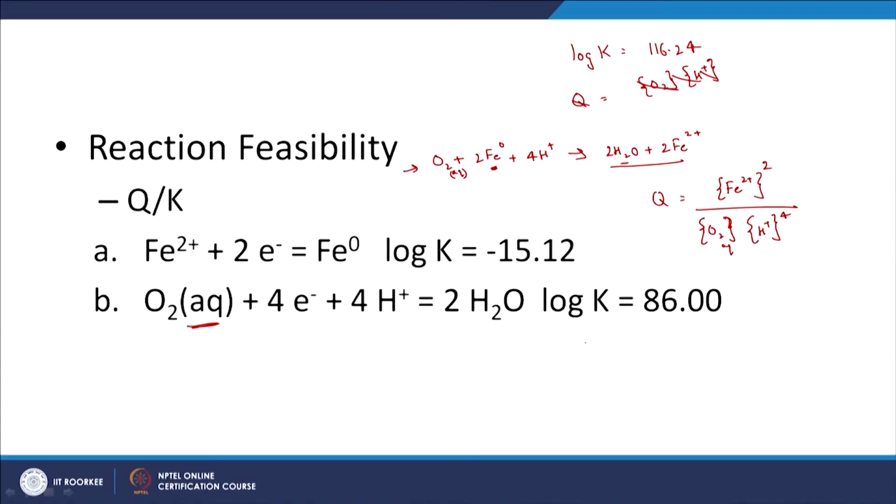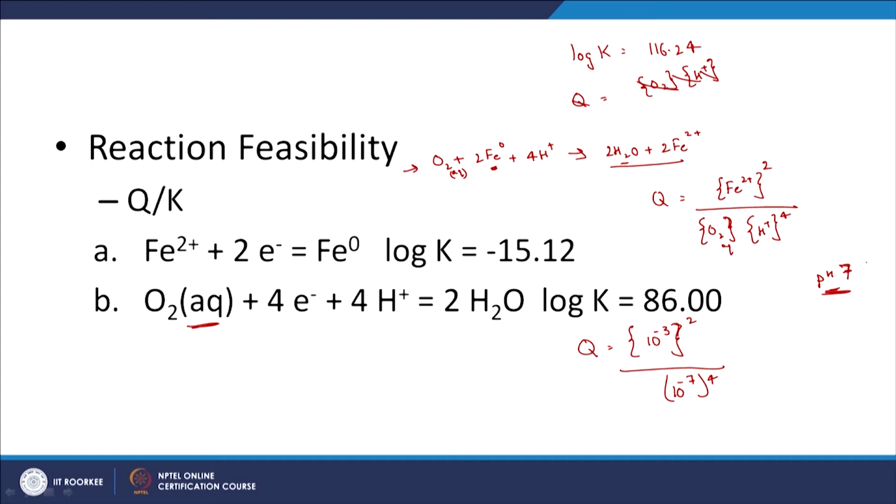So let's take one particular case, when pH equals 7. If I write down Q, let's say at relatively low concentrations of Fe2+, I am assuming 10 to the power of minus 3 for the Fe2+ concentration, and H+ is 10 to the power of minus 7, to the power of 4, because pH is 7.